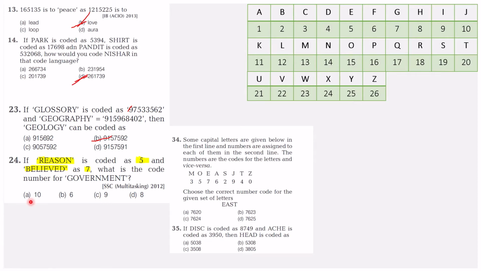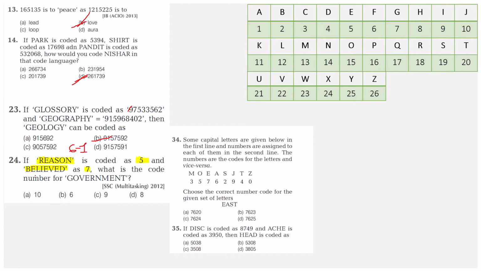If you take a look at the solution, REASON is a 5-letter word, so 5 is the code for that, and believed is a 7-letter word, 7 is the code for that. I mean, wait, 1 second, I've just confused myself. REASON is a 6-letter word, and if you take 6 minus 1, you'll get 5.